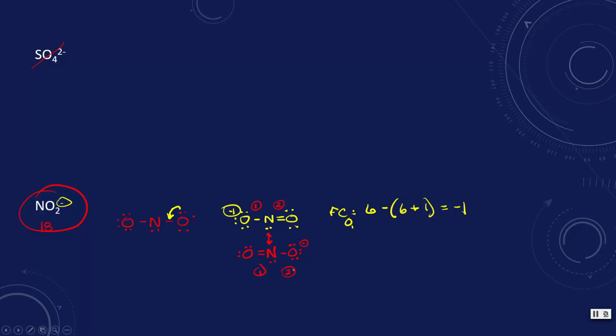They're exactly equivalent structures. Which one's right? Well, we have to measure the bond length. And when we do, we find that experimentally both nitrogen-oxygen bonds are equivalent. So these are the resonance structures for nitrite here.